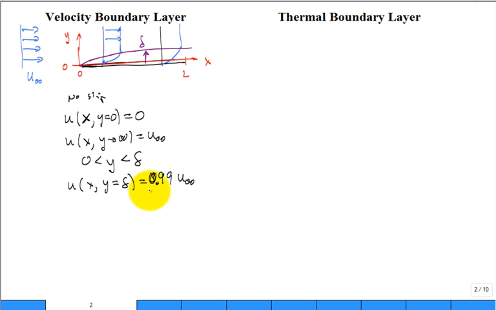But as engineers, we say, hey, if you're within 99% of u infinity, you're there. That's the convention for the thickness of the boundary layer. Sometimes you can write it as u over u infinity at y equal to delta is equal to 99%.